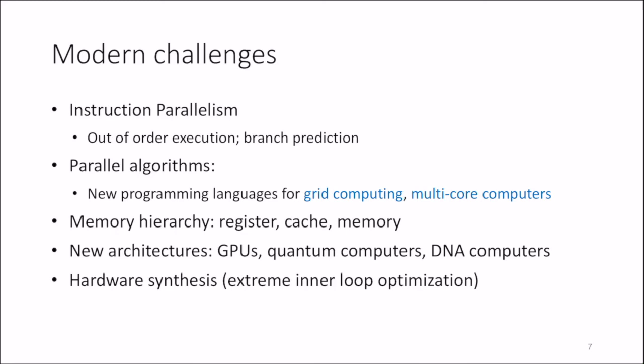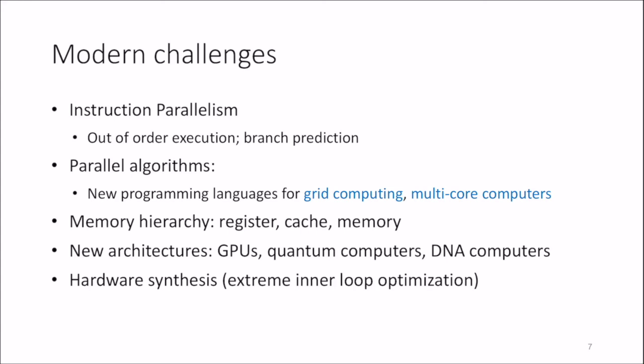Finally, there's an extreme form of inner loop optimization. As we know, when we are using a CPU, we rely on CPU instructions that are pretty low level, like adding two numbers, subtracting two numbers. What if you could take a program, analyze it using a compiler, and then create new instructions and hardware that are specific to those functions?